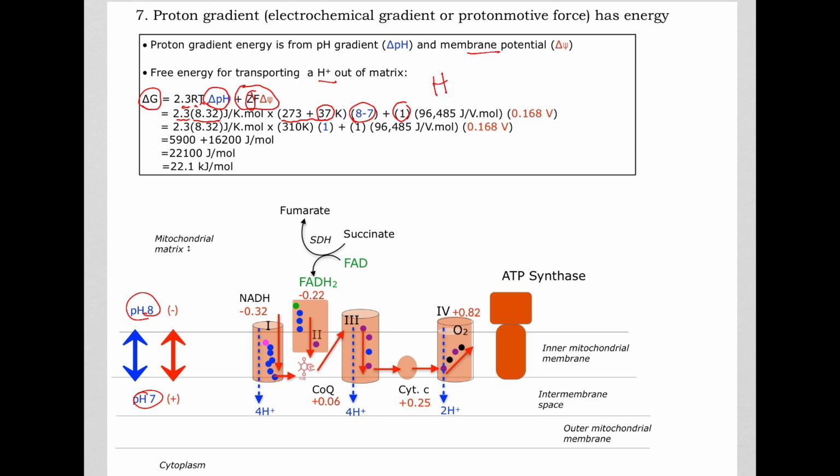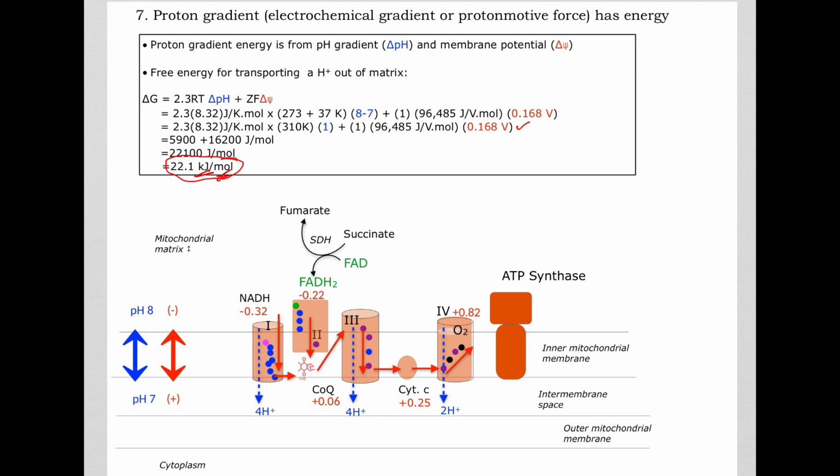Faraday's constant F has this value here, and the difference, delta psi, the difference in voltage between the matrix and the space is 0.168 volts. So we can plug in all these numbers and we get about 22 kilojoules per mole.